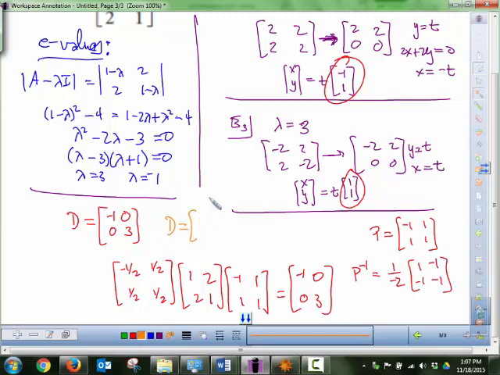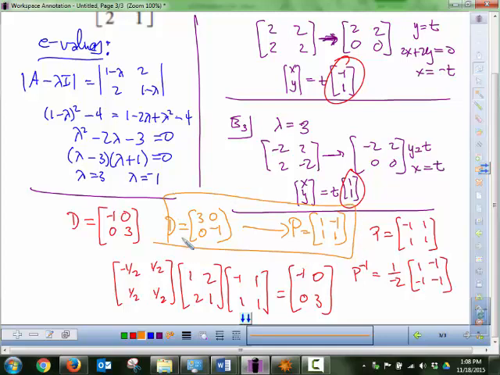If you start with a 3 and -1 in the diagonals, then your corresponding P matrix would be the same matrix, except the columns are switched. So you could have done it that way. It should still give you the same result if you did this checking to make sure that it's correct. Okay?